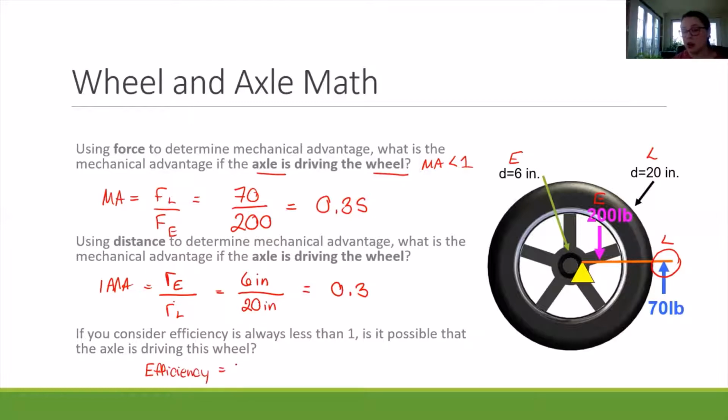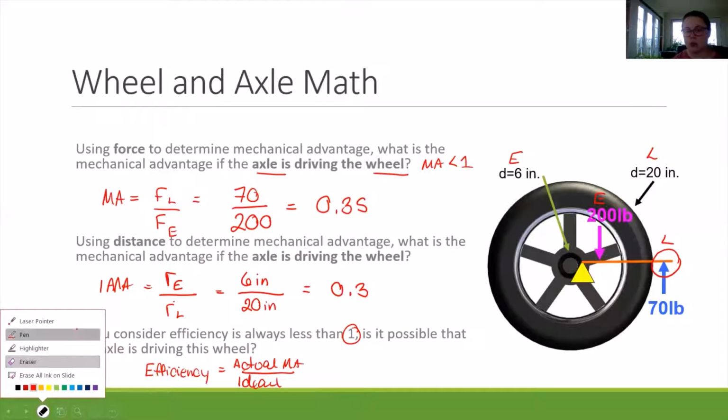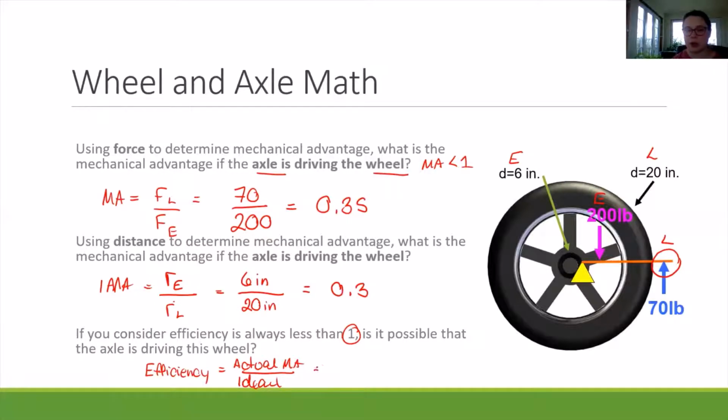It's equal to our actual mechanical advantage divided by ideal, times 100. Or we can take out the times 100 and just leave it as a ratio, okay? So it has to be 1, or 100%.